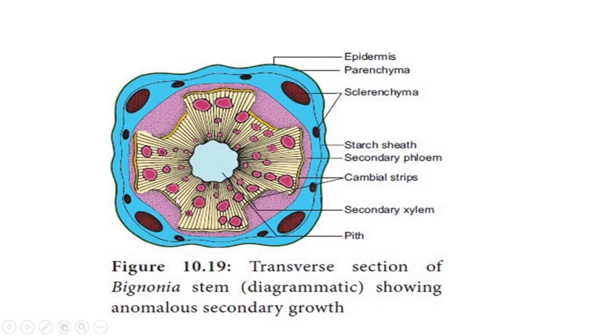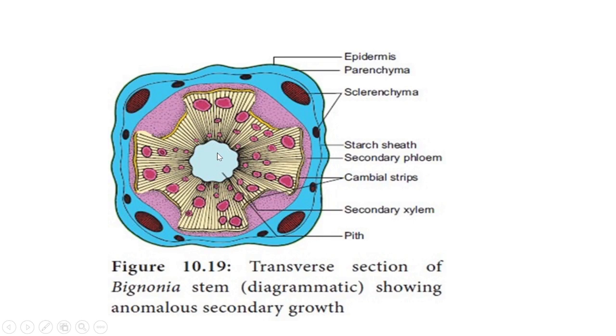Abnormal behavior of cambium is there. Because this cambium develops secondary xylem more and more at 4 regions, 1, 2, 3 and 4, and at the other 4 regions it develops secondary phloem, 1, 2, 3 and 4. There are some sclerenchymatous patches. Parenchymatous cells are cortical, and at the center you will get the pith region.